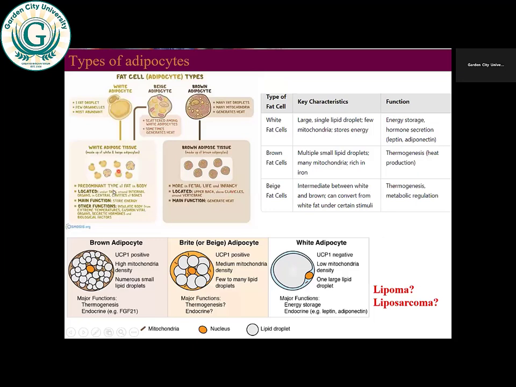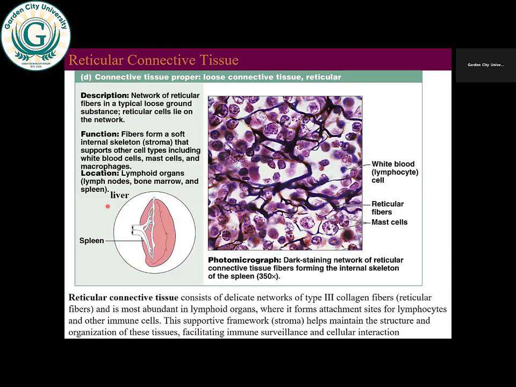But the white is the one that is very common that you find in adults, and this is the fat that you are very familiar with. So just know that we have three different types of fat cells, and they work differently: white, brown, and beige adipocytes.